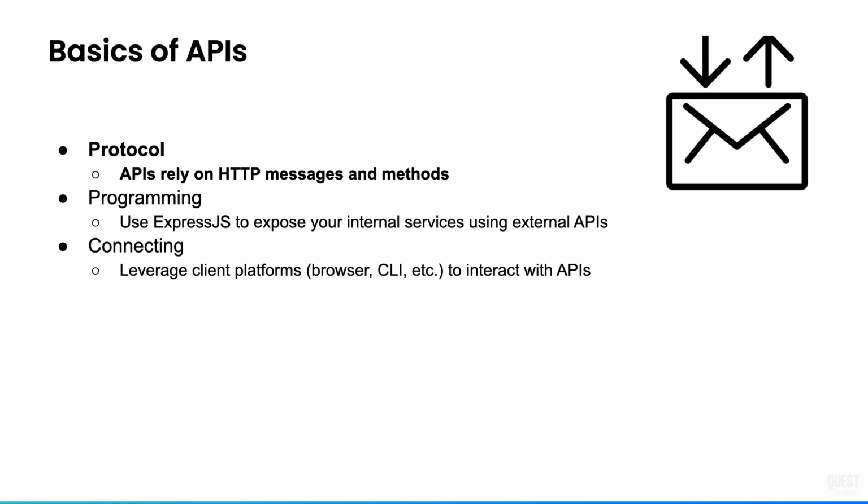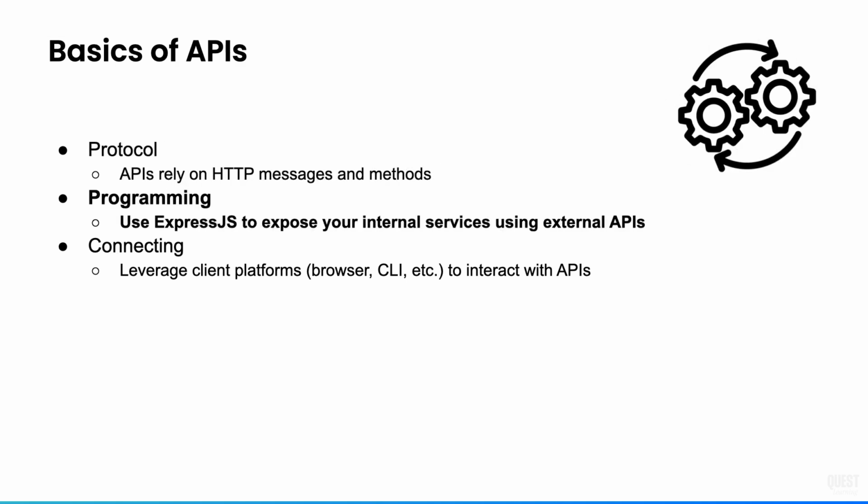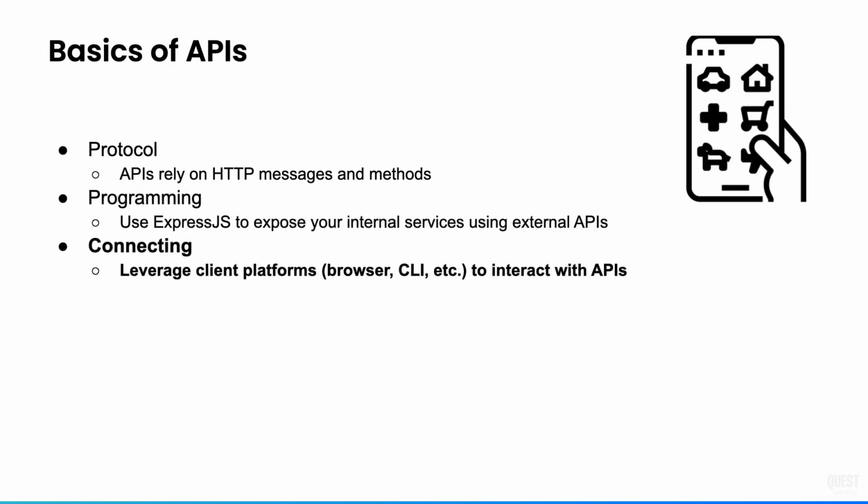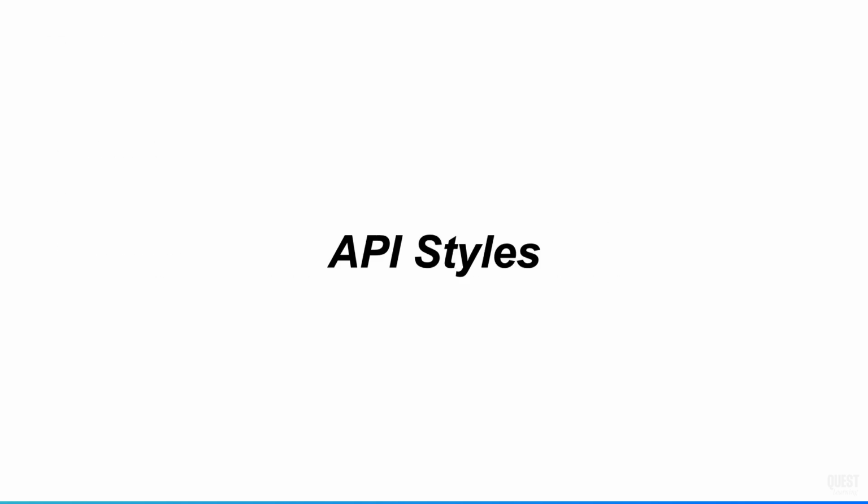Understanding this message-based protocol is important. We also emphasize the use of Express.js to expose all our internal services to an external API. And then finally, we focused on this notion of leveraging client platforms such as browsers, command line interfaces, or dedicated applications in order to interact with those APIs.